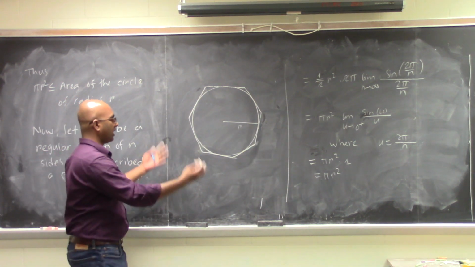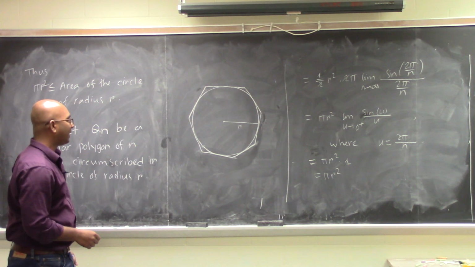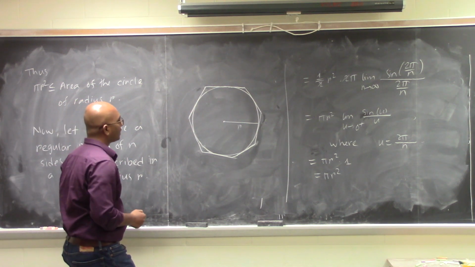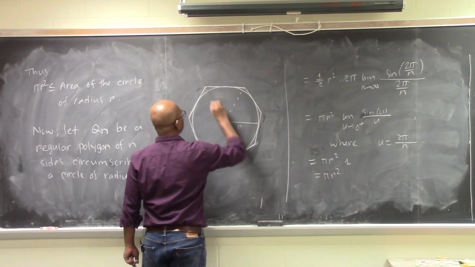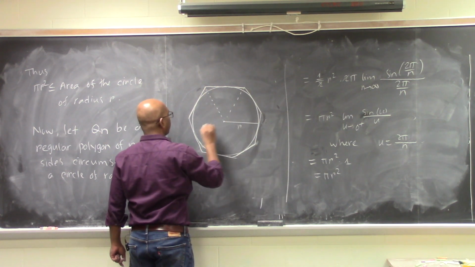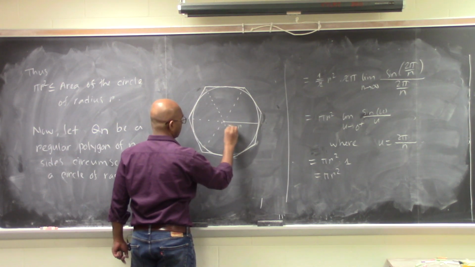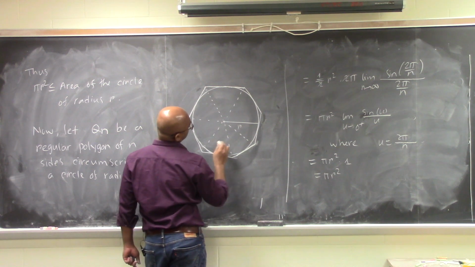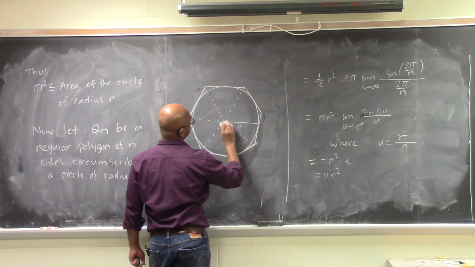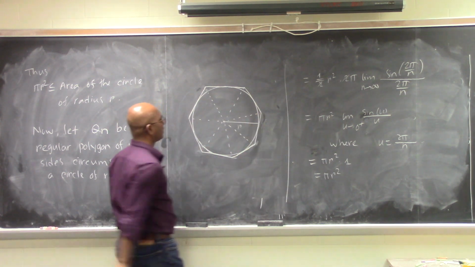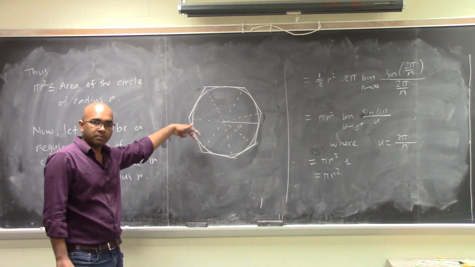It's just to give you the idea of what we are doing. So this is a regular polygon of n equal sides circumscribed about the circle. And just like the previous case, notice if we join these chords, then we get n congruent triangles, right?